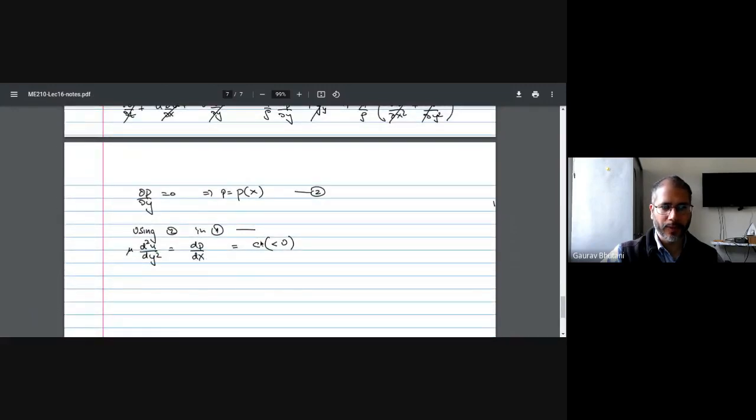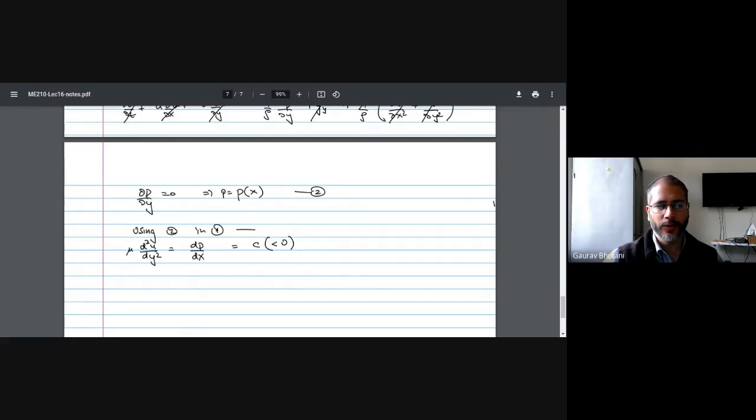Finally we had this equation where mu d2u by dy2 was equal to dp by dx, which is equal to a constant. The reason is that the left hand side is simply a function of y, because mu is a constant and our u velocity is simply a function of y. Dp by dx is simply a function of x because p is a pure function of x.